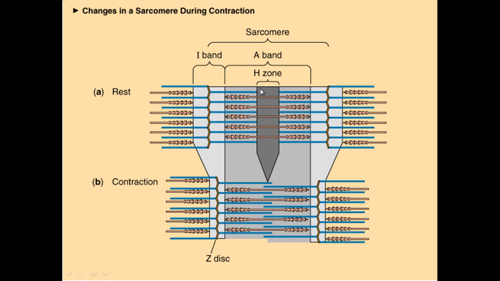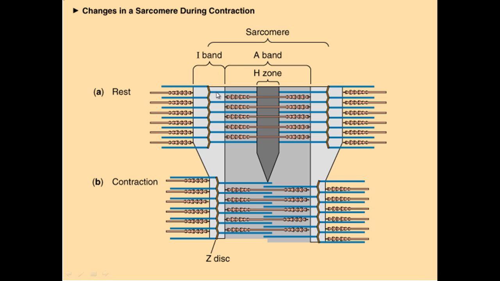What happens when you get a contraction is some of these sections shrink down. The A band remains pretty constant because the thickness of the myosin filament doesn't alter, but the I band, you can see here, has shortened somewhat because the actin filament has moved in. The H zone has all but shrunk, so there's now virtually no distance between the two actin filaments, and the sarcomere size has also decreased.